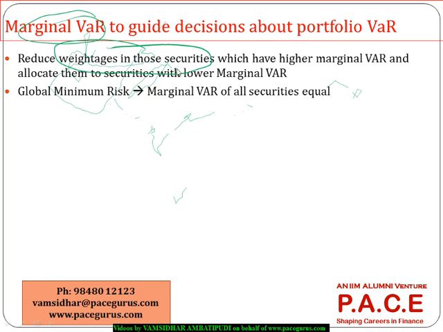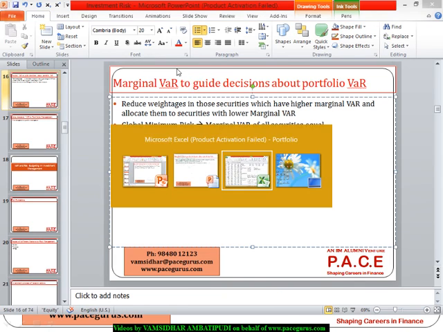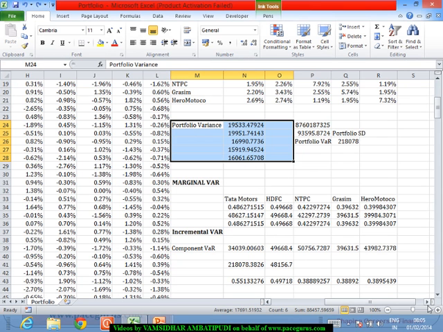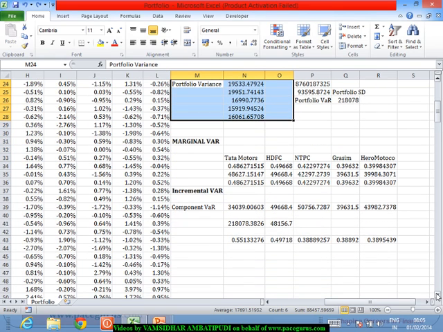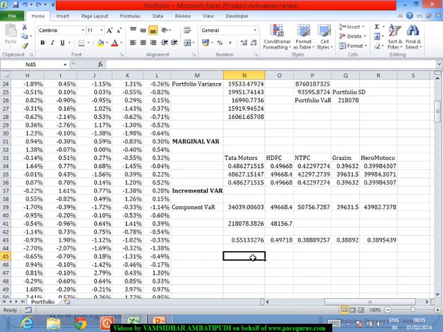Okay, so probably let's try out using Excel how we can get that. So I'll use a Solver scenario, right? My intention is to reduce the error between all these marginal VARs. So these are the marginal VARs for each one of them.